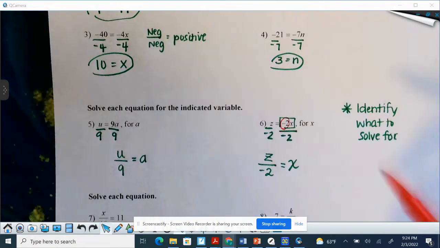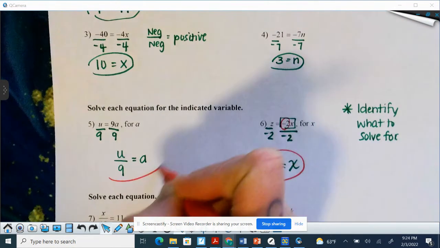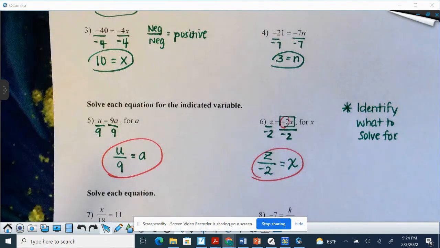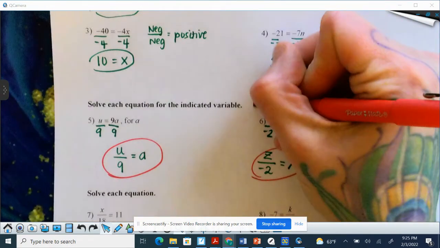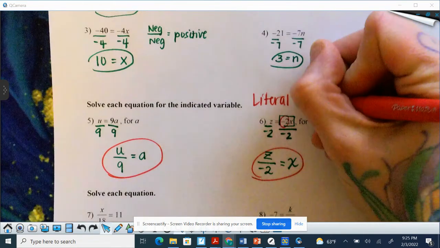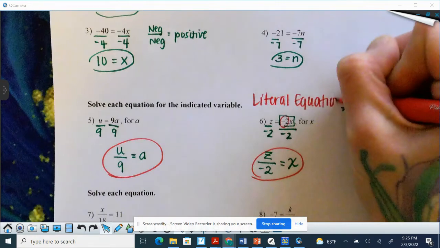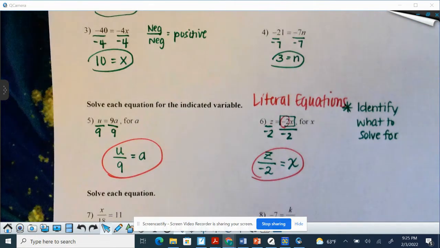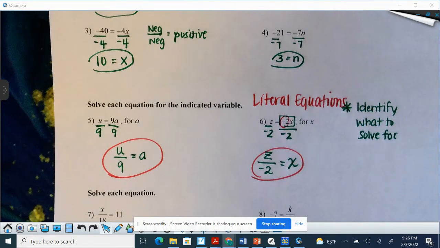So both of these are done. Super basic literal equations. You just did literal equations, for the very first time, I believe, unless you had an awesome teacher before me that got you started. This is one of those things that you guys panic and freak out about because there are extra letters, but you just saw how easy it is and how it's exactly the same.